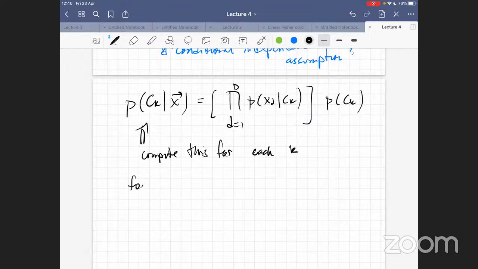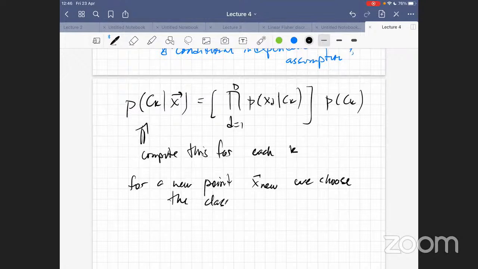And then for a new point, I might imagine I have a new point x new. We choose the class that maximizes the posterior.